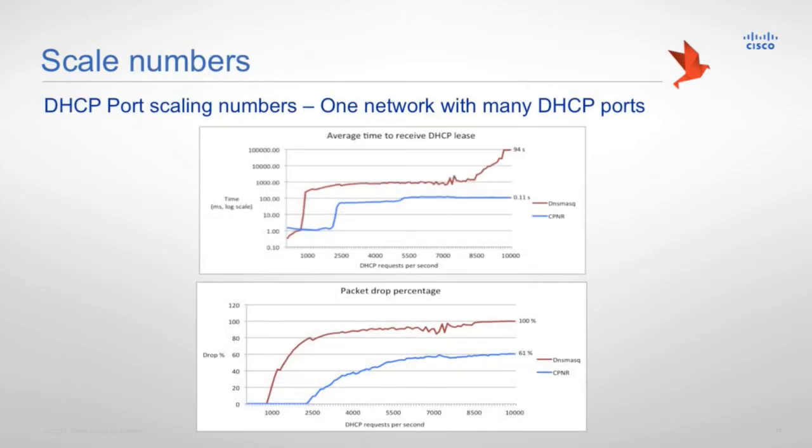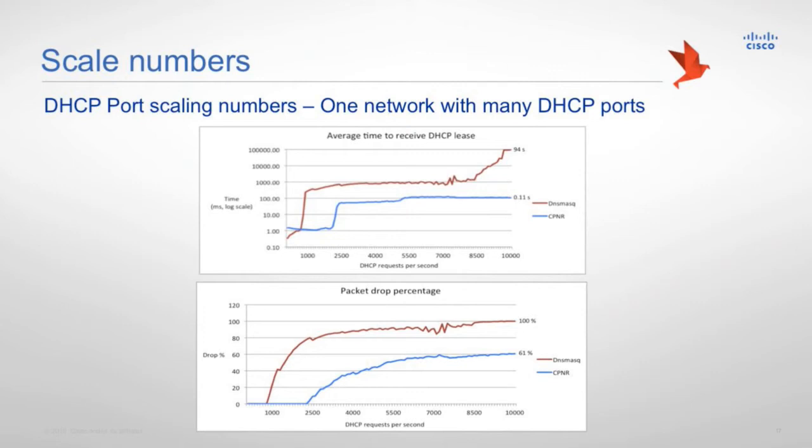So these are the comparative graphs that show the average time to receive a DHCP lease, and also the packet drop percentage. We can see here that CPNR takes about 0.11 seconds to issue a lease, and Dnsmasq takes almost 94 seconds with 10,000 clients.